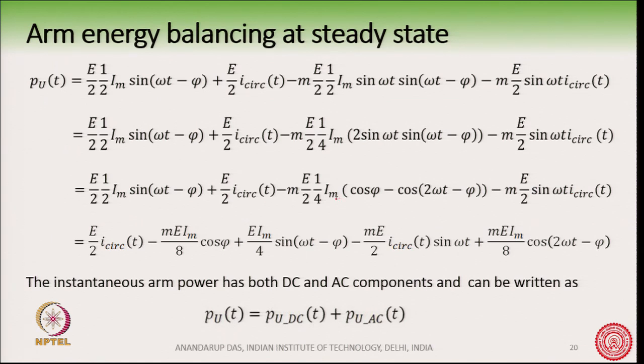So, we expand all of them, get all of them outside their brackets, and we see several terms coming. Now, there are some terms with sin omega t, some terms with cos 2 omega t, and some terms without any omega.